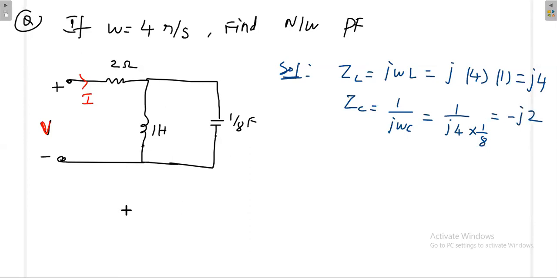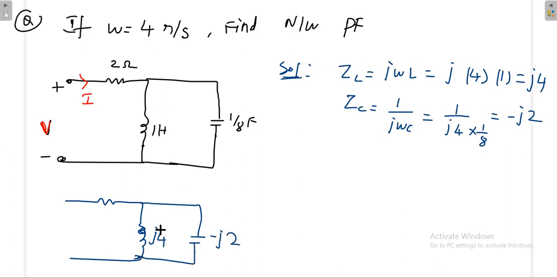Now I can simply write that value here. This is j4, this is minus j2. Now the impedance is directly there. Sometimes in the exam, they may give j4 and minus j2 directly, but that time they will not give omega because omega is not necessary. But if they give in terms of values, then definitely they will give omega, otherwise you cannot proceed. So that difference you should know.